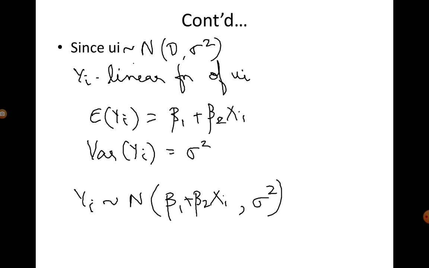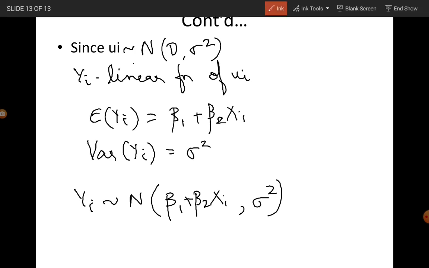What does it mean? The expected value of yi is beta 1 plus beta 2 xi. We have been dealing with this equation since the first class of econometrics. And what is the variance of yi? The variance of yi will be the same as the variance of ui, isn't it? So it will be equal to sigma square.